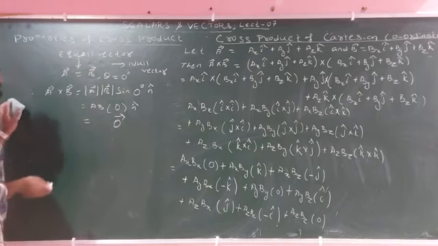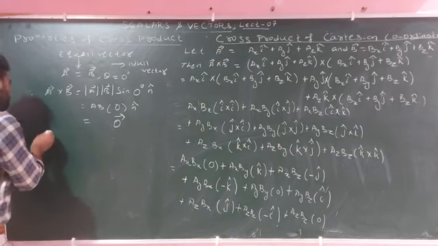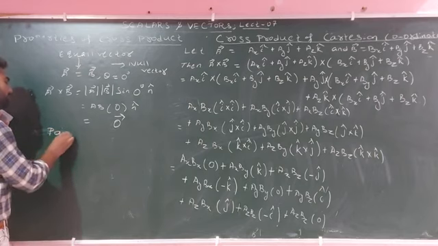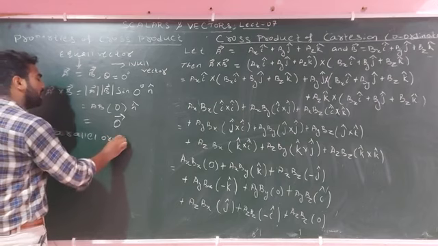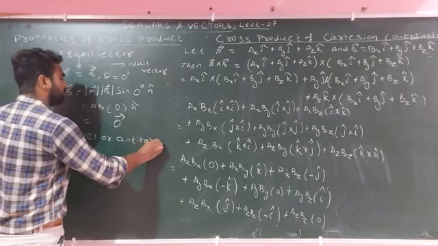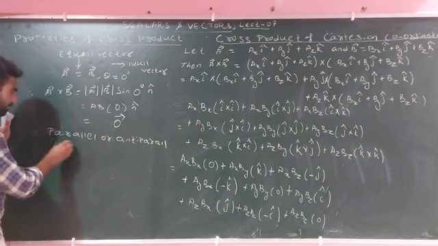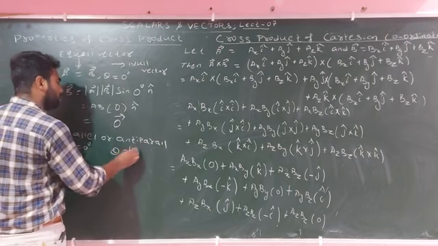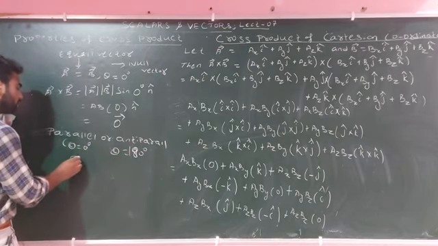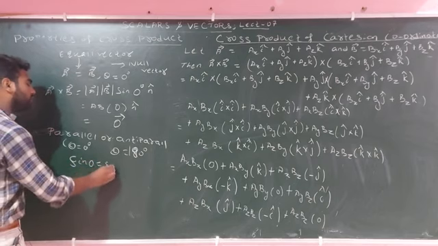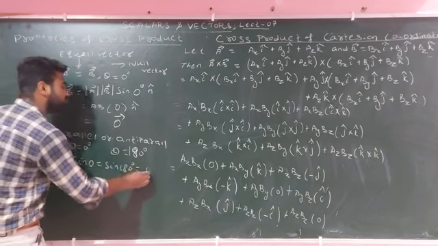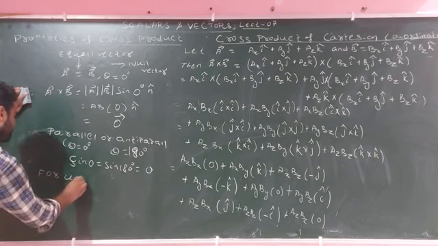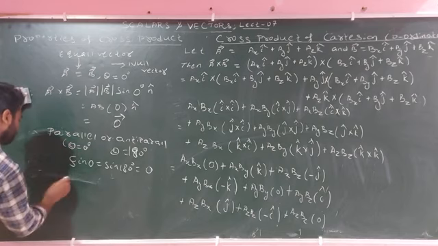Similarly, the vector product of two parallel or anti-parallel vectors: for parallel vectors theta is 0 degrees, for anti-parallel vectors theta is 180 degrees. So sin 0 or sin 180 has value 0.